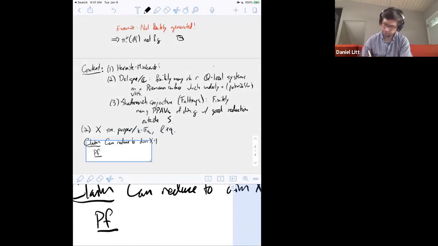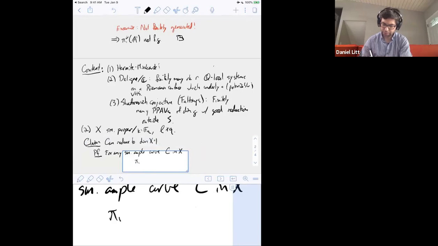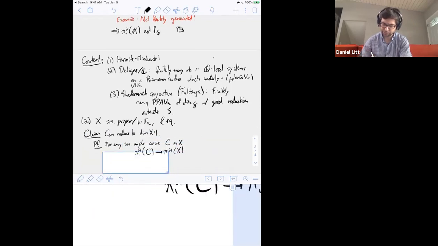Well, the proof is that for any smooth ample curve, so any complete intersection of ample divisors C in X, the étale fundamental group of C maps to the étale fundamental group of X, and this map is surjective.